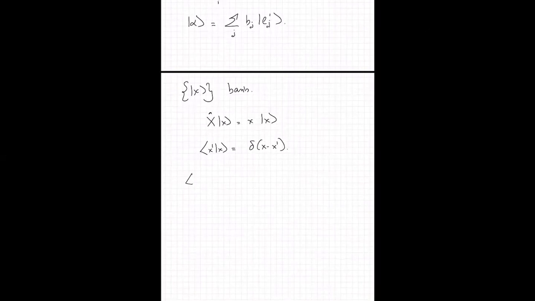So let us actually define the eigenvalue problem for the P operator. P acting on |p> is p|p>, right? Where this p outside the ket is the eigenvalue, which is a continuous variable.